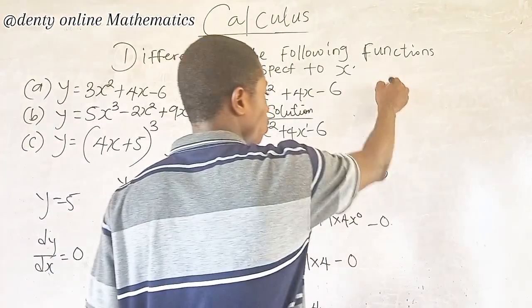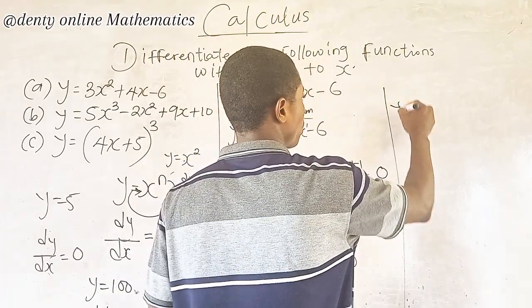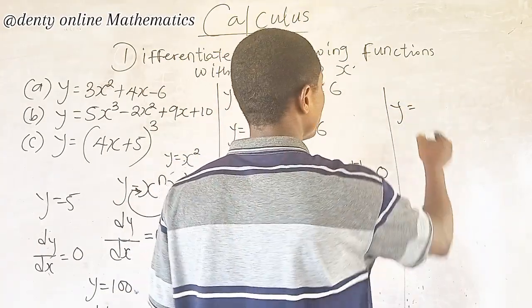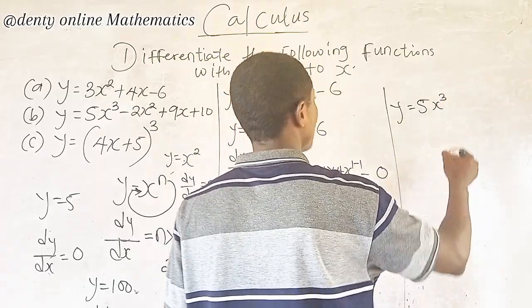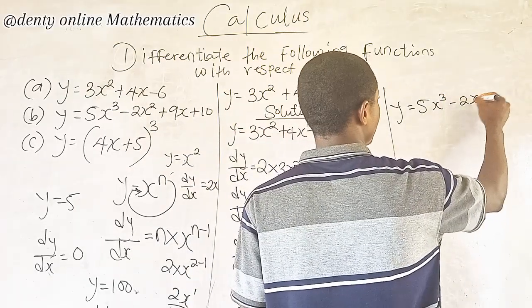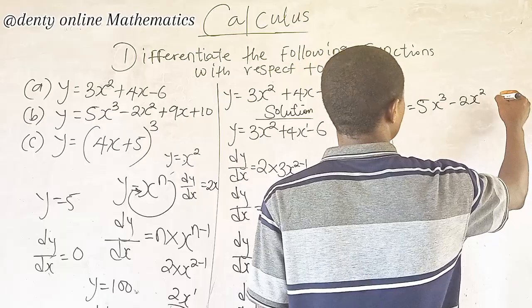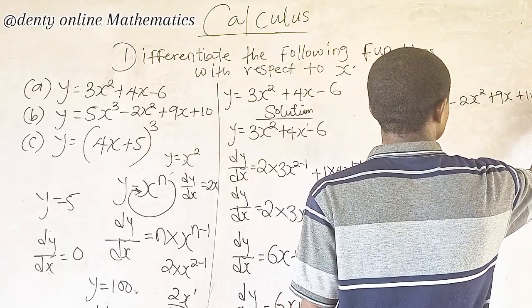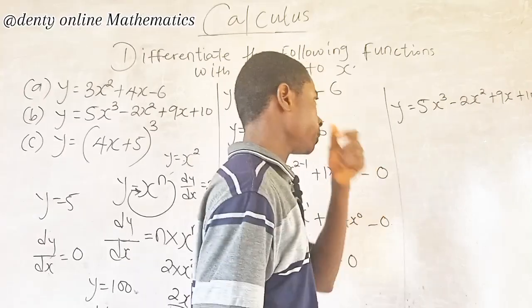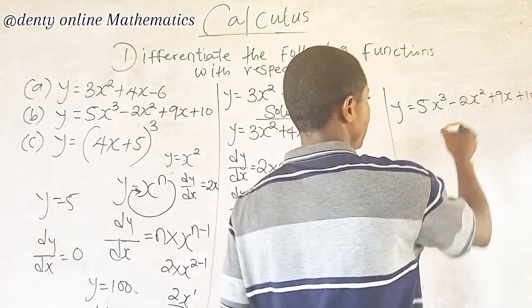Now for the second one, what we have is y equal to 5x raised to the power of 3 minus 2x squared plus 9x plus 10. Now, same thing applies here.